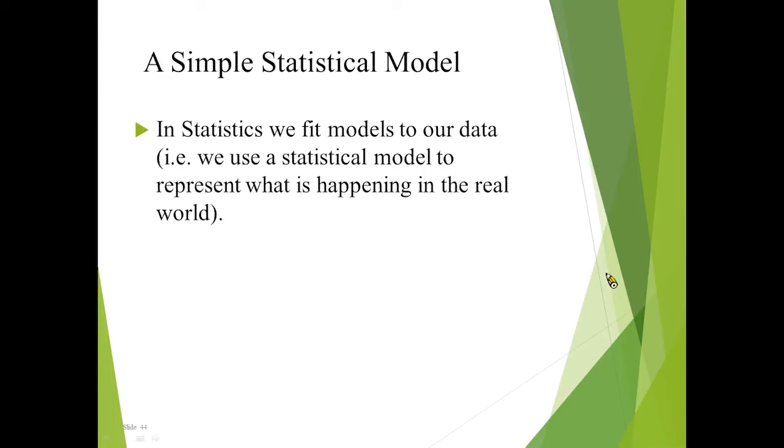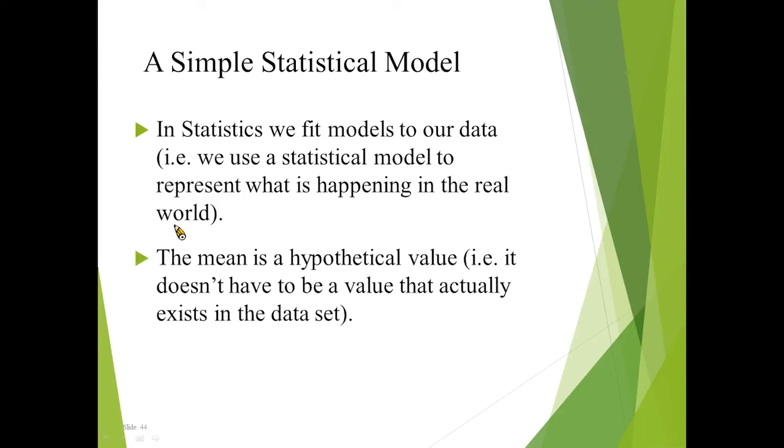Okay, the next one is a simple statistical model. In statistics, we fit models to our data. You use a statistical model to represent what's happening in the real world. So in research, we have a research methodology, and we come up with some theory, and this is what you can call a research model. And then the mean is a hypothetical value.